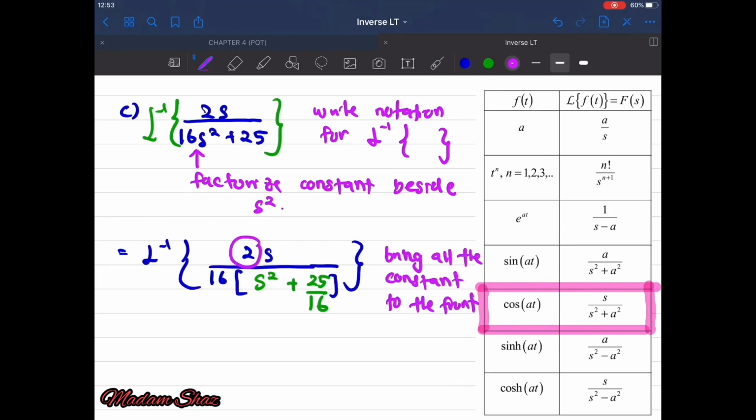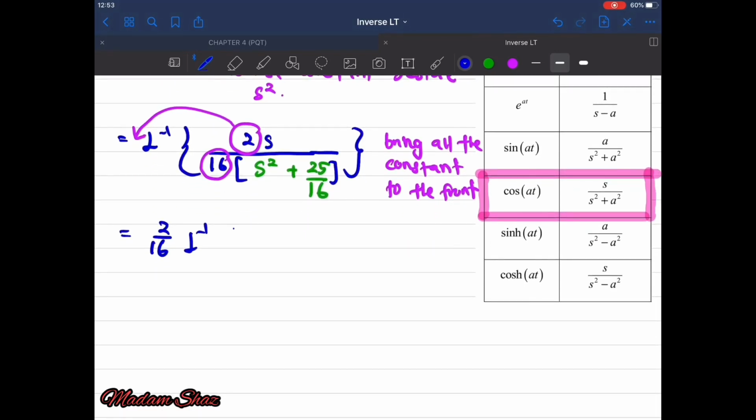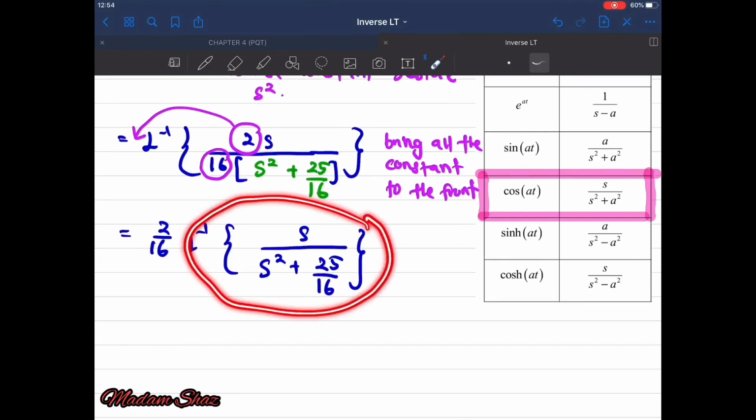So we bring 2 and we bring 16. 2 over 16 Laplace inverse of s over s square plus 25 over 16. Now refer to the table of the Laplace transform. We choose s over s square plus a square, which will result in the cos of at.